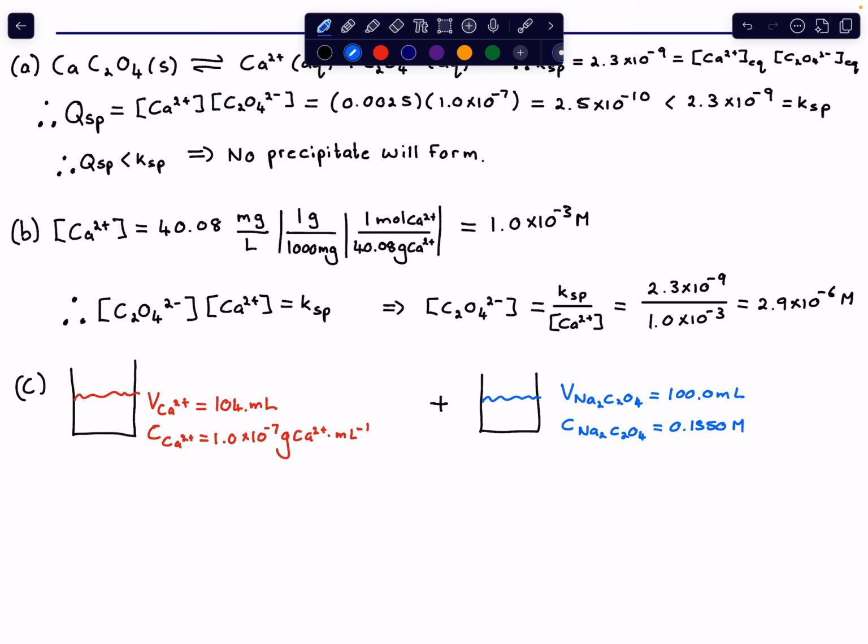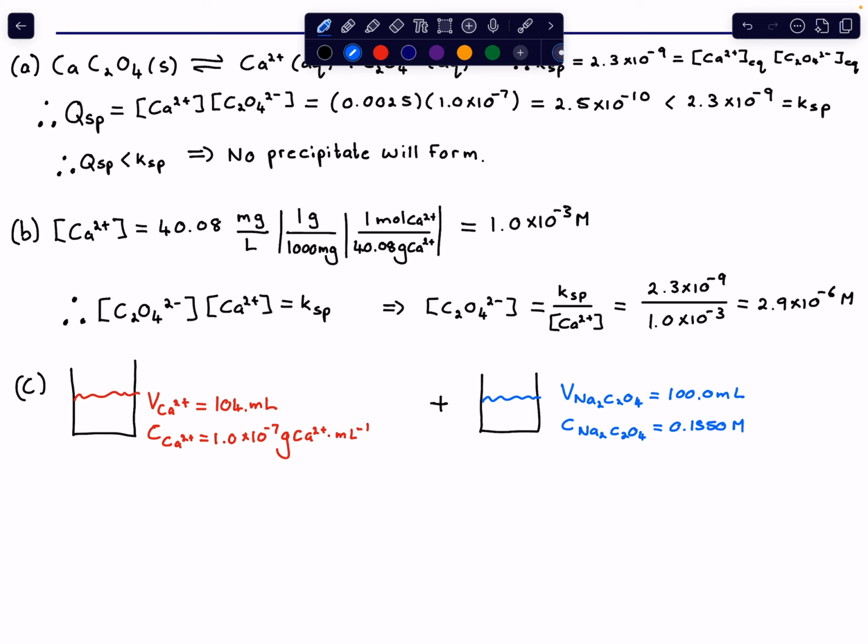All right. So the question here is, what are we actually doing, right? So we're mixing these two things together. So we're mixing together a certain amount of calcium with a certain amount of the oxalate. And those two things will be in a new volume, right? Because we're mixing 104 milliliter with 100 milliliters. So that new volume will be 204 milliliter.